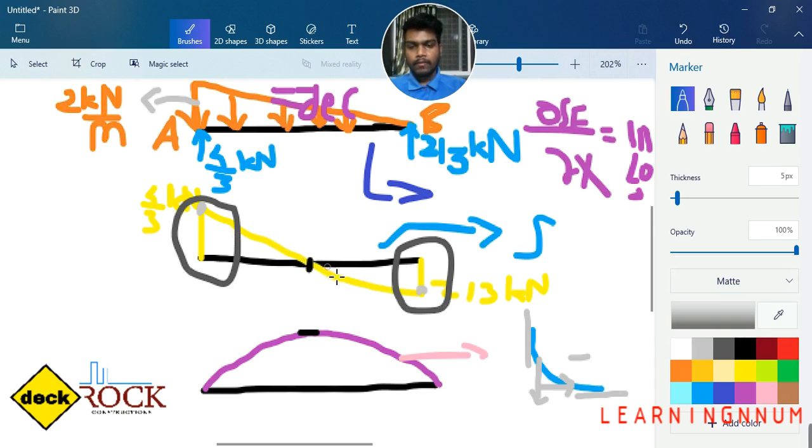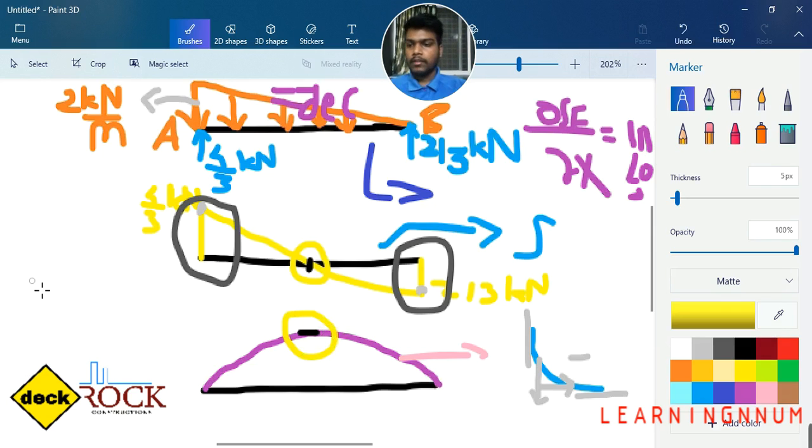Okay, and at this point the shear force is 0, so that means the slope of bending moment at that point must be 0. The slope of any line which must be 0 must be a horizontal line. So that is what I have represented by a black line, that is 0. Also, this is yellow. So this is 0 slope, 0 slope of bending moment.